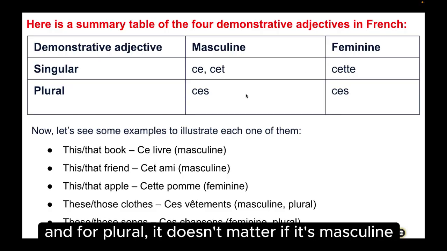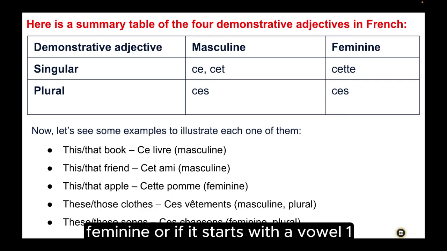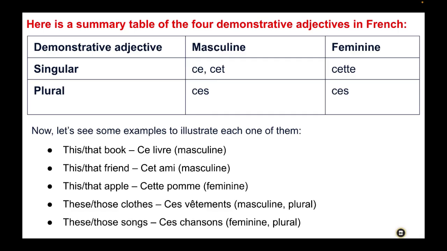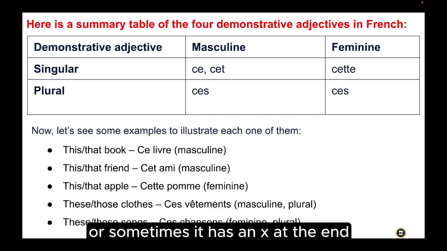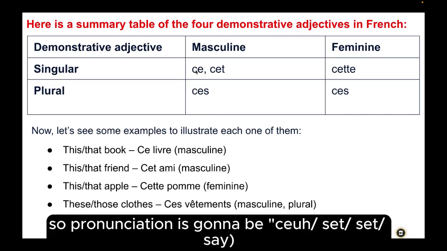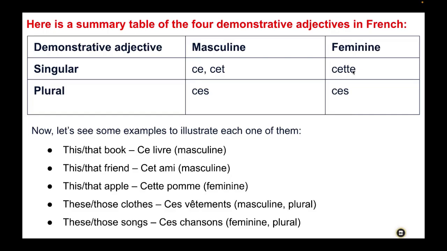For plural, it doesn't matter if it's masculine, feminine, or if it starts with a vowel. When it is more than one, and the noun has an s at the end, or sometimes an x at the end, remember that you will be using ces. So pronunciation is ce, cet, cette, which is double T and E, and then plural is ces.